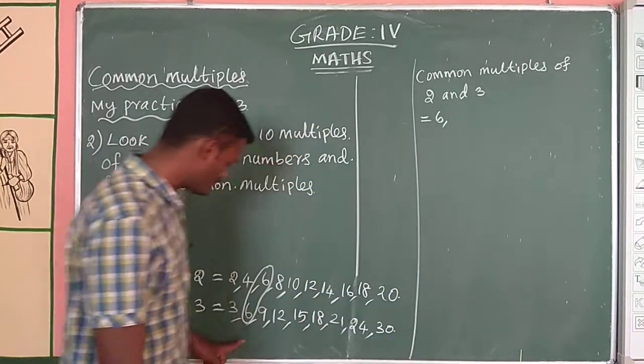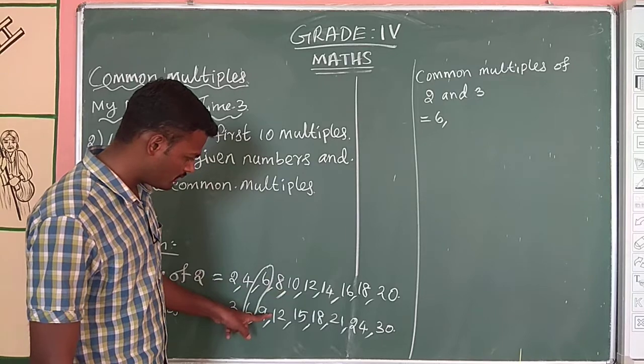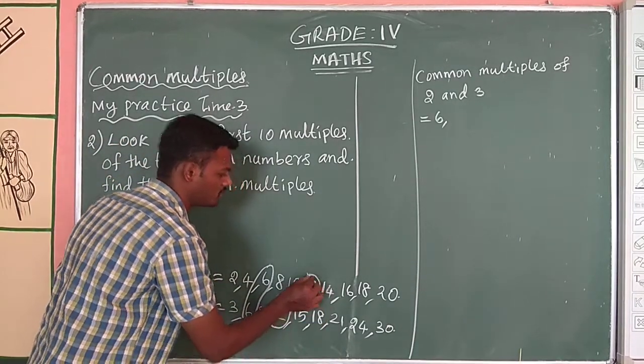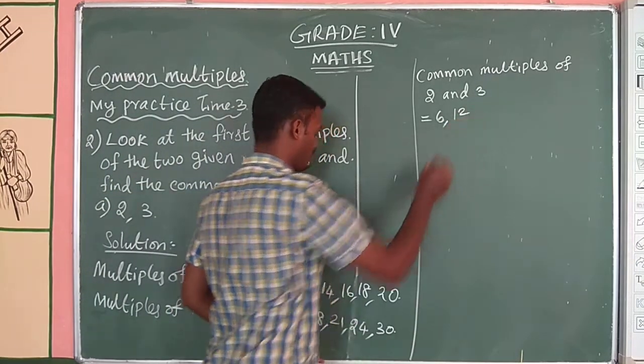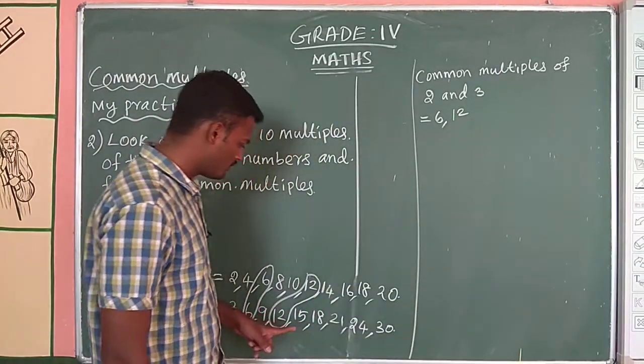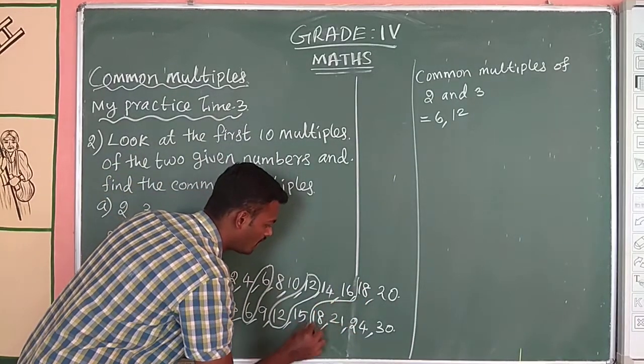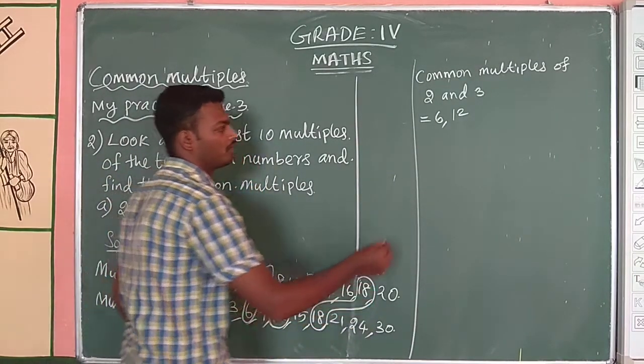Then 8, 10, 12: 12 is the second common multiple. Next 14, 16, 18: 18 is the third common multiple.